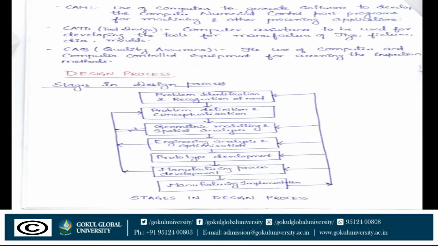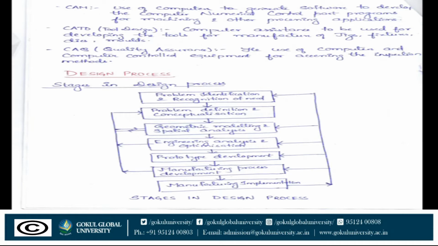That means which type of stress or load is acting during the process. You have to analyze it with the help of engineering analysis and optimization. Then comes prototype development. After the design and manufacturing process, you have to prepare one prototype for that model. That is called prototype development.